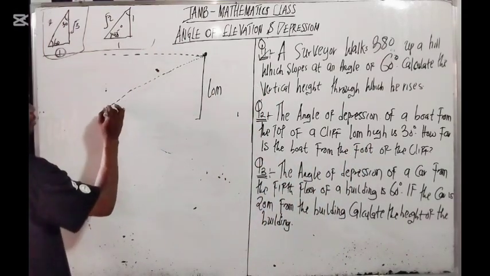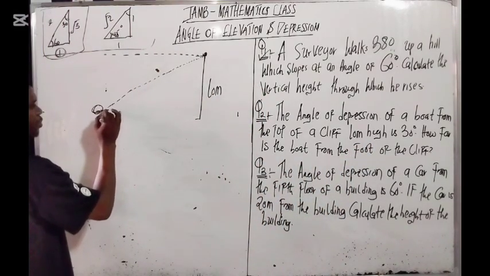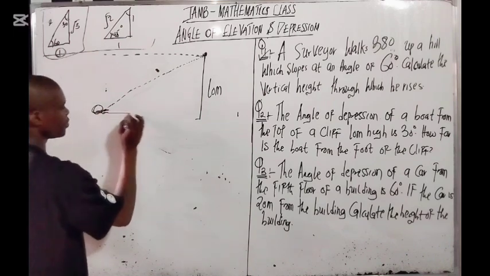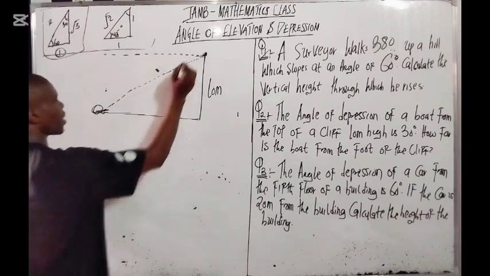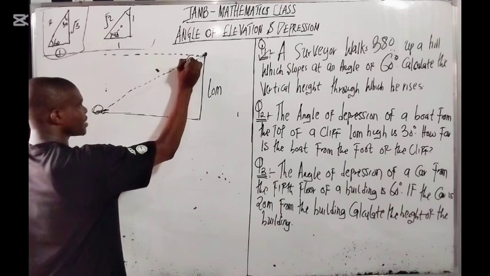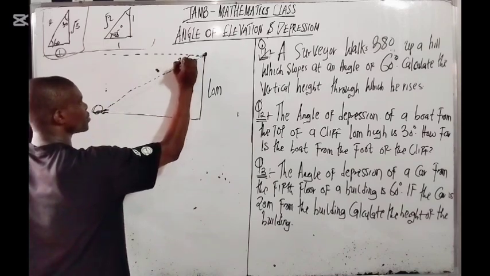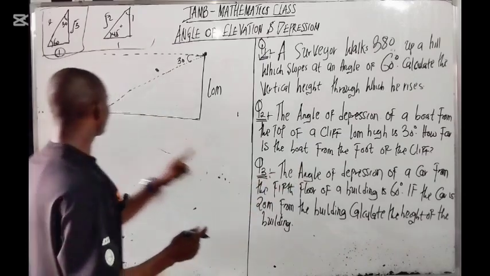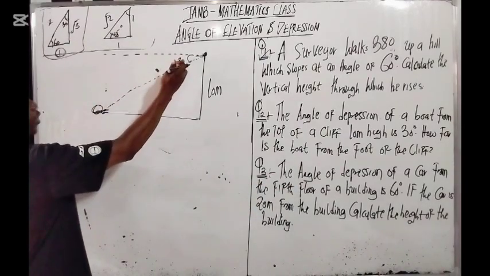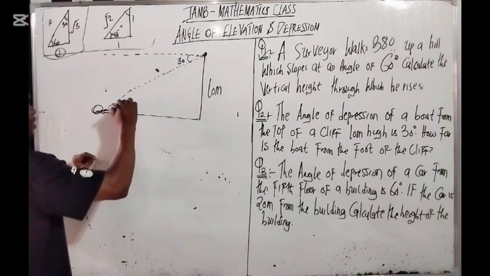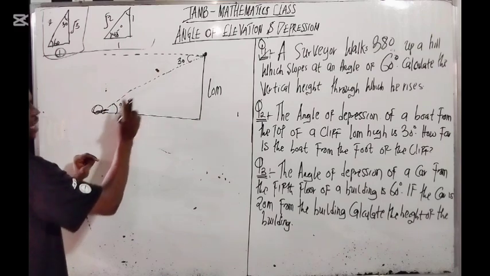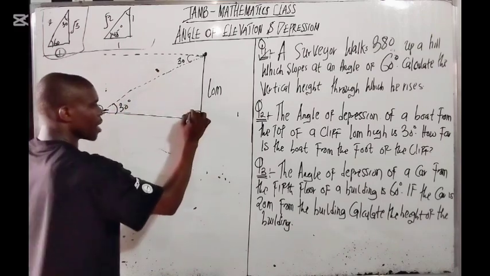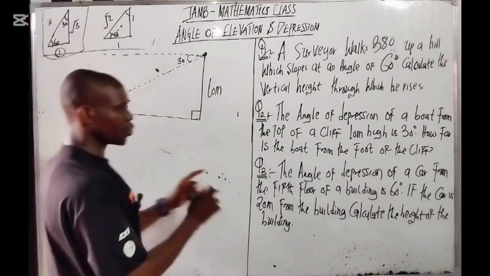Now let us say this is the boat, right? The angle of depression is like this, which is 30 degrees. Now remember, the angle of elevation equals the angle of depression here, due to alternate angles.